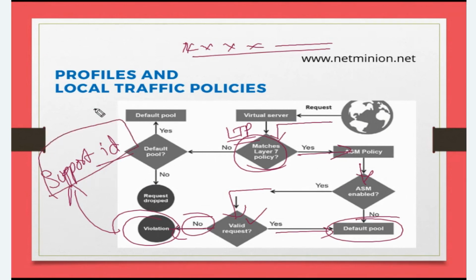That is nothing but named the support ID. So people will come to you saying my application is showing this support ID, now mitigate this. So we need to check whether it is a valid block or not. Let us say your application is showing a support ID for SQL injection. Please do remember, you cannot tell the application team that it is SQL injection and you are not going to unblock it.